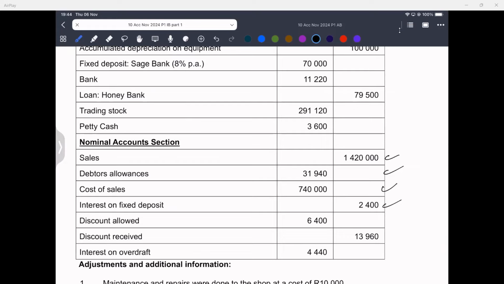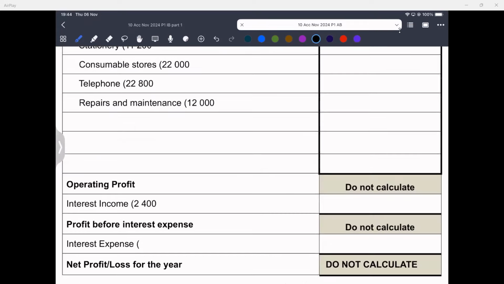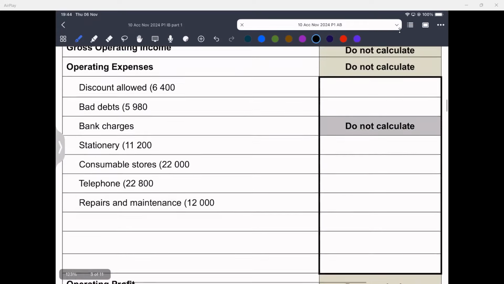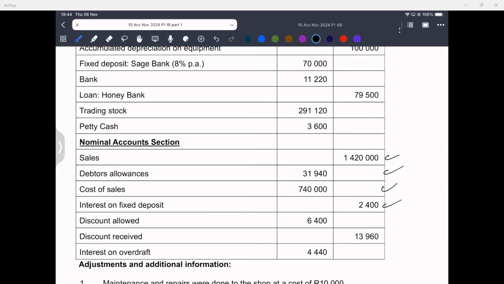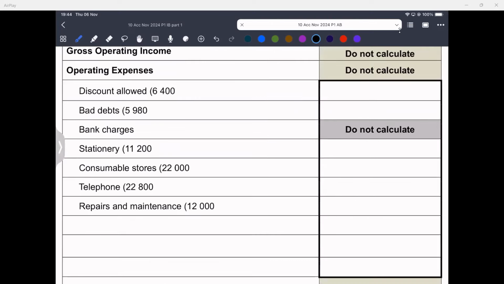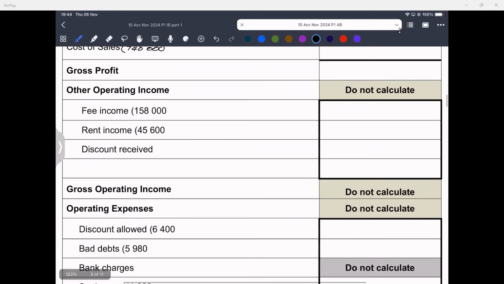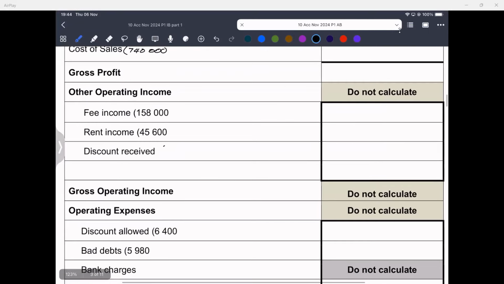That has been recorded. Discount allowed. That is under operating expenses. It's already recorded for you, which is 6,400. And then we've got discount received of 13,960. And unfortunately here we don't have that. It'll be 13,960.